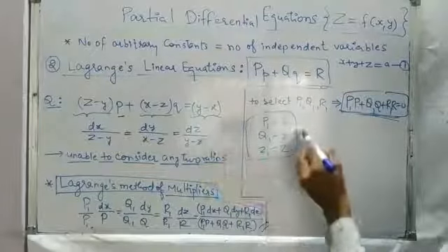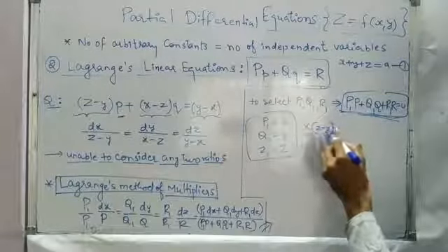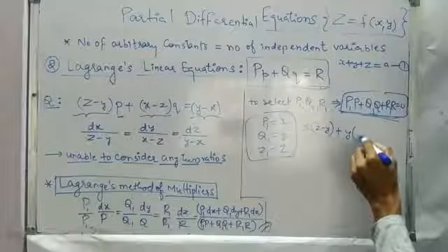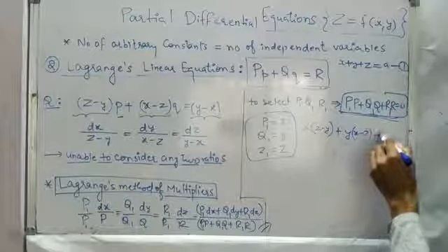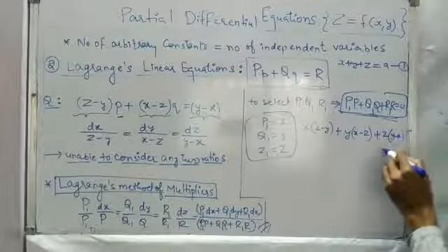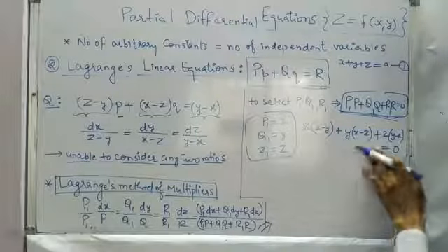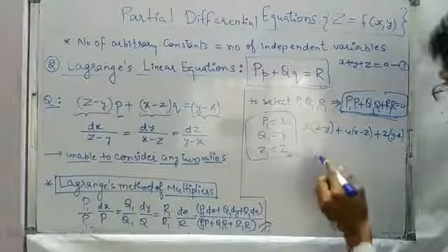So p1 is x, and p is nothing but z minus y, plus q1 is nothing but y, and q is nothing but x minus z, plus r1 is nothing but z, and r is nothing but y minus x, and this we have to bring to 0.